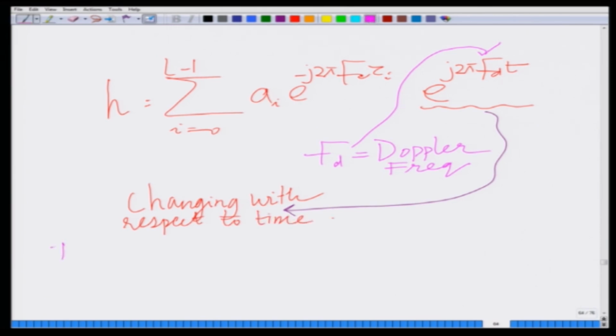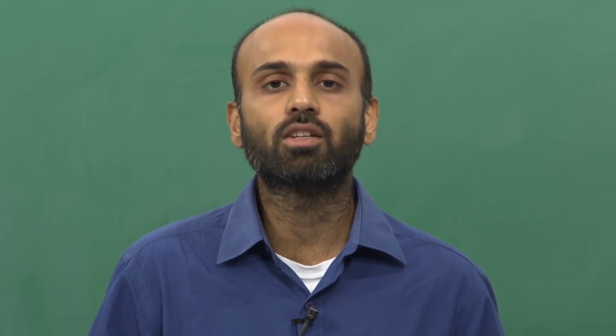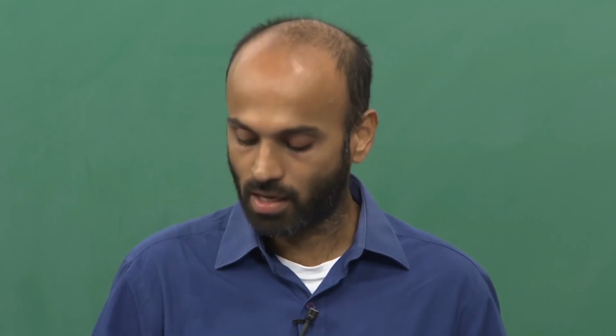Therefore, as a result, our channel coefficient h is time varying. Such a channel coefficient h, which is time varying, is also known as a time selective channel. Since this coefficient h is varying with time, the wireless channel is known as a time selective channel.